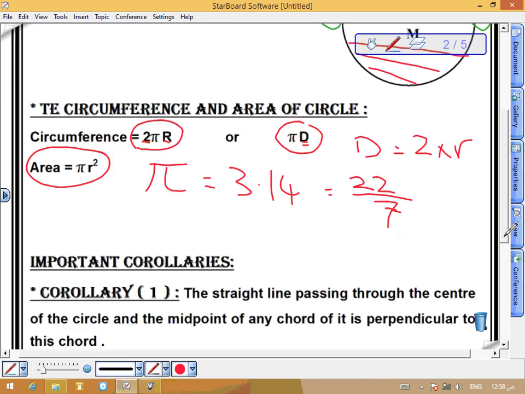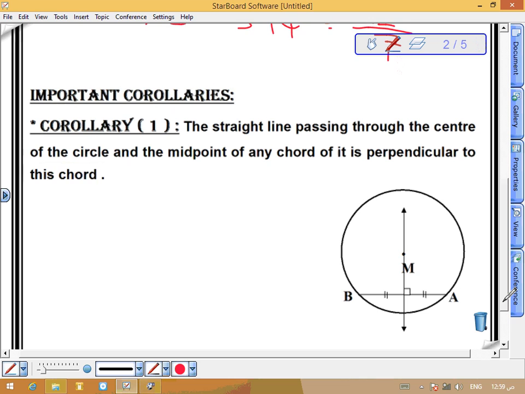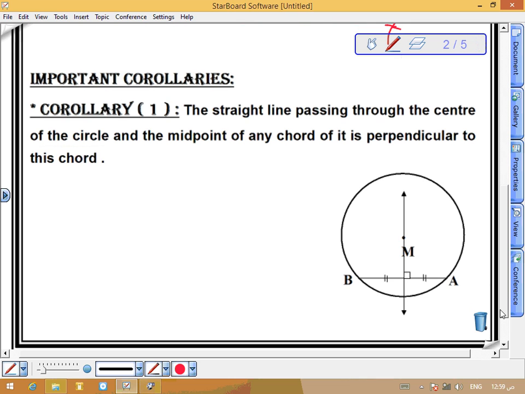The first corollary in this lesson is talking about the straight line that passes through the center of the circle and the midpoint of any chord. The result is that it will be perpendicular to this chord.